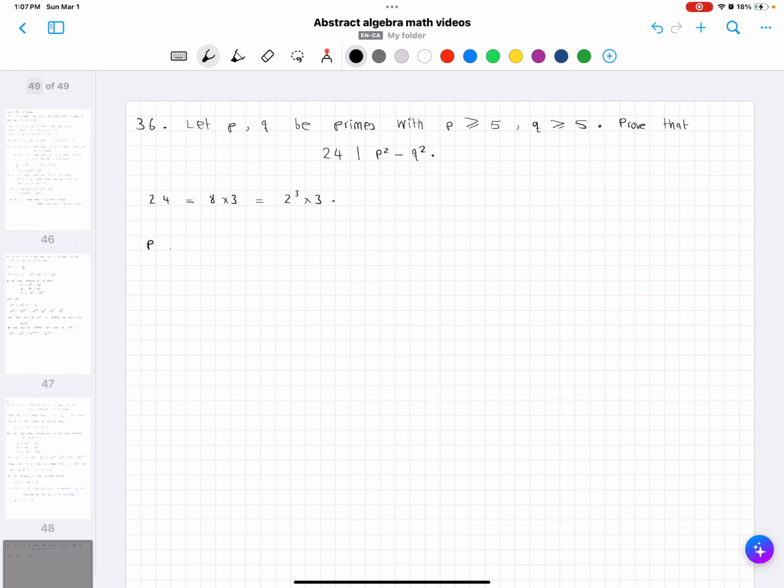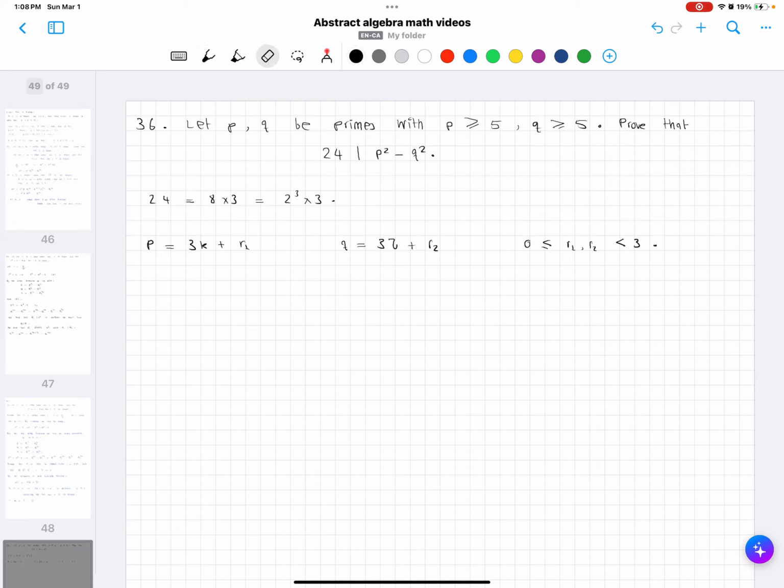Then P is equal to 3 multiplied by K plus R1, and Q is 3 multiplied by L plus R2, where R1 and R2 are less than 3 and bigger than or equal to 0.